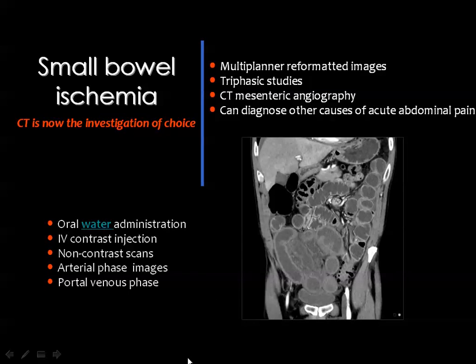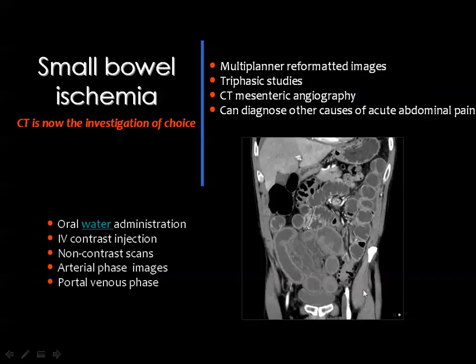Then the CT, especially the multi-detector CT, can be of much help to diagnose these intestinal ischemic changes.